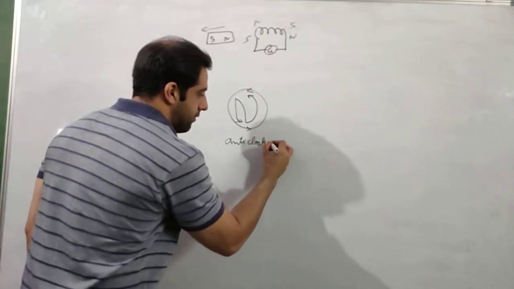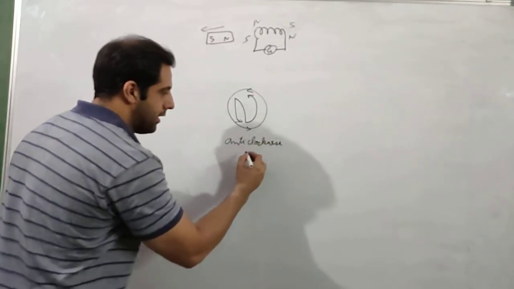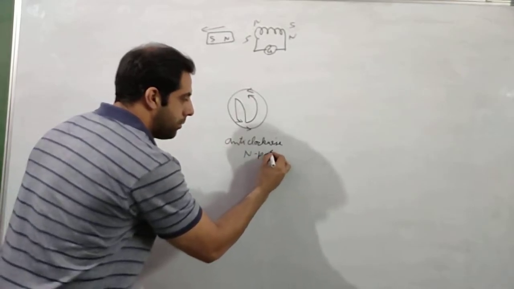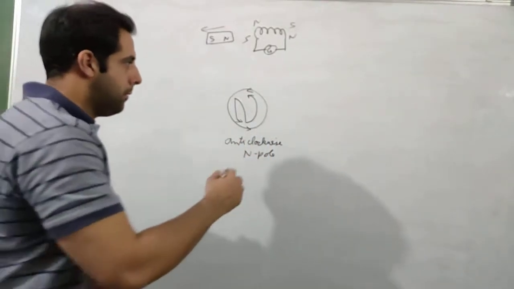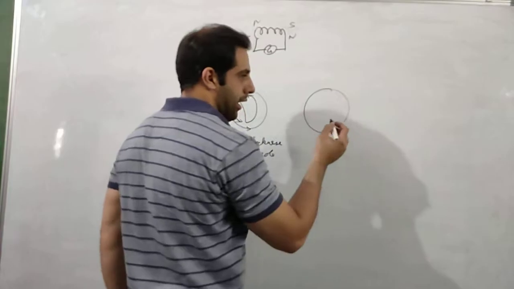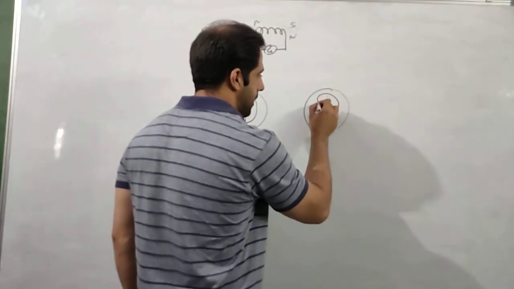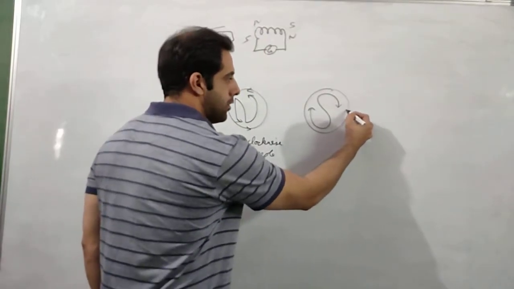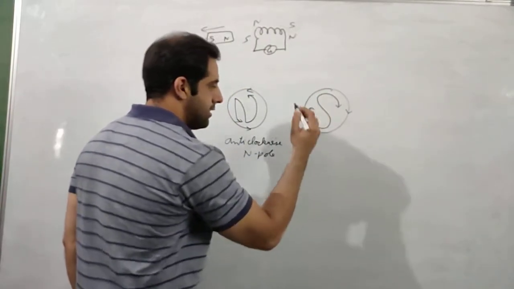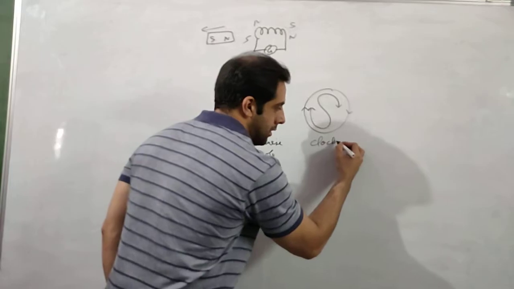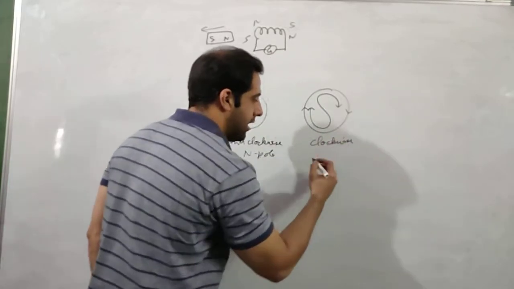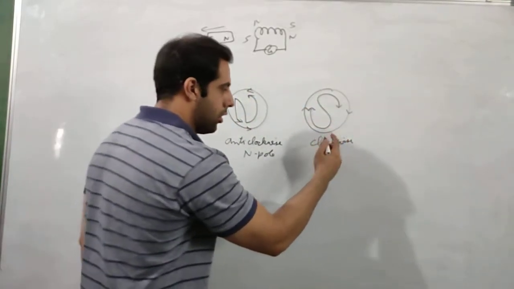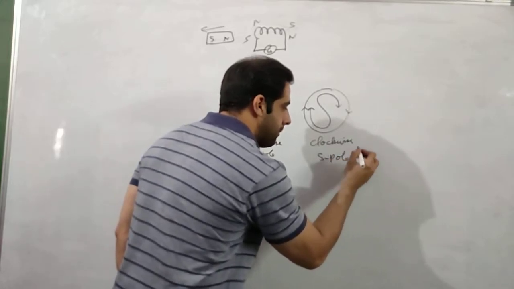So we can say that whenever the current is flowing anti-clockwise, it will produce a north pole. If it is a south pole, we can draw it like this. Now the direction of current is like this. So that means it is clockwise, and whenever the current is flowing clockwise, it will generate a south pole.